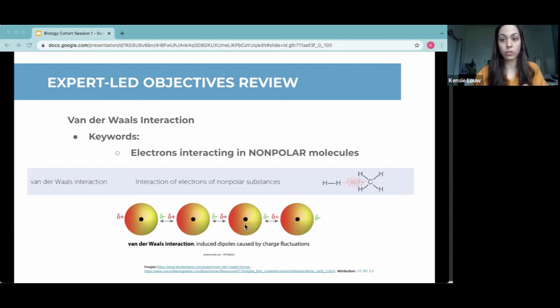And when those dipoles occur, then the partial positive dipole will be attracted to a partial negative dipole. And this is a weak interaction, but even though van der Waals interactions are weak, altogether in a substance, they have a very significant effect on the properties of that substance. Like for example, van der Waals interactions are responsible for bulk properties of substances like boiling and melting points.